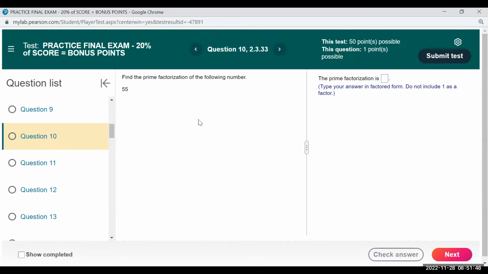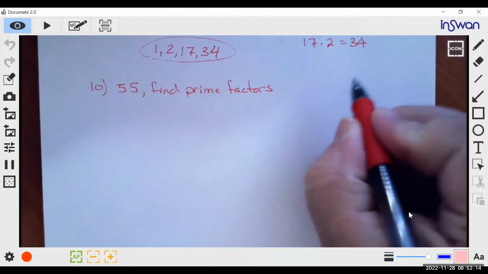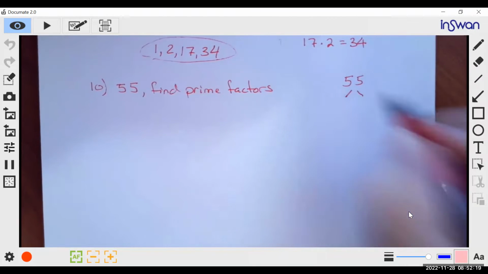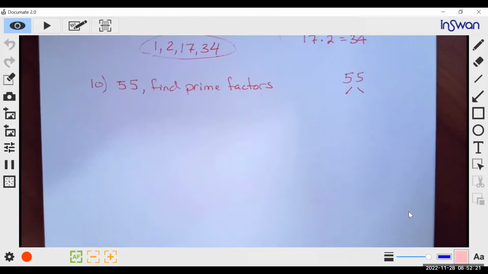Find the prime factorization of the following number. When you're looking for the prime factorization, that's when you use this factoring tree.